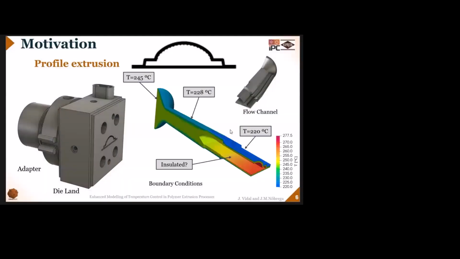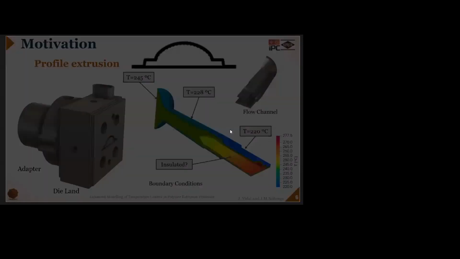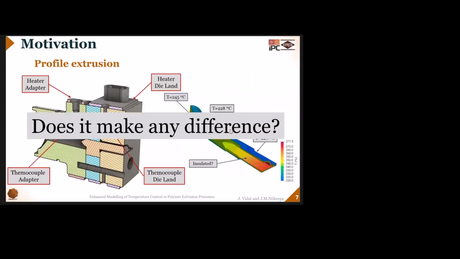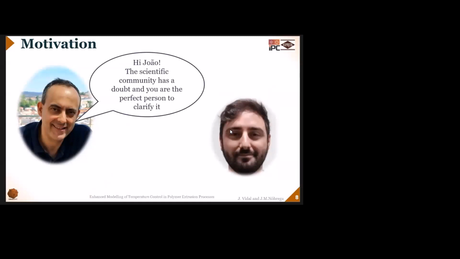But in the state of the art of simulating this process, we apply the temperature on the walls of the flow channel, and we apply the mandrel, this part on this side, as an insulator. And the question is: does this make any difference to the modeling of this process? And we don't know.